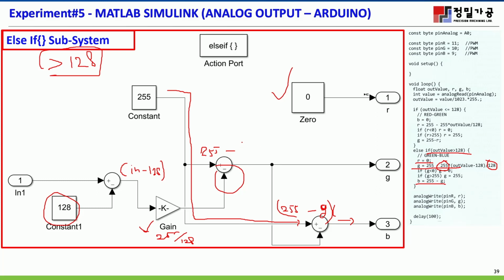Okay, so this one is basically gain multiplied by input minus 128. Okay, that is green, and we just make an else if subsystem in this case for values bigger than 128.